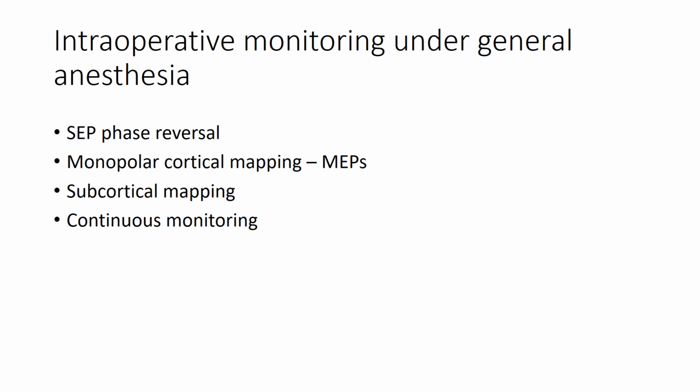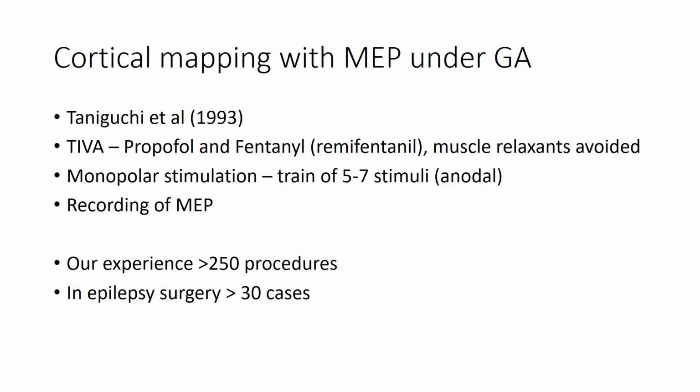In the cases in which awake surgery is not an option, and in cases of non-dominant localization of the process and the intended surgery, we have a lot of options for monitoring under general anesthesia. The most important one is cortical motor mapping with motor evoked potentials under anesthesia.